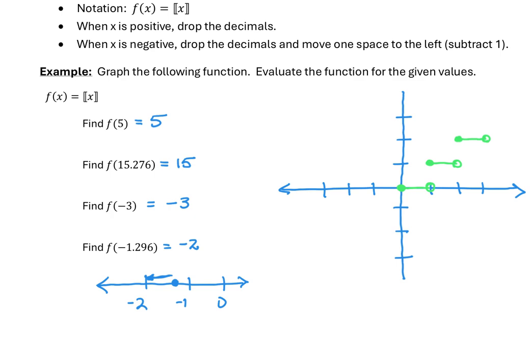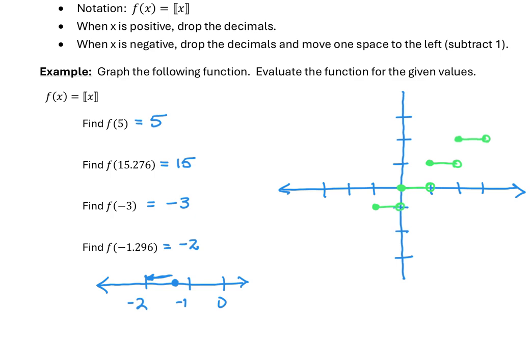I think that's enough to see our pattern, and so we want to repeat this pattern on the left side of our graph. When we go to negative 1, we have a closed circle, and everything to the right of negative 1 and less than 0 will be on this level.